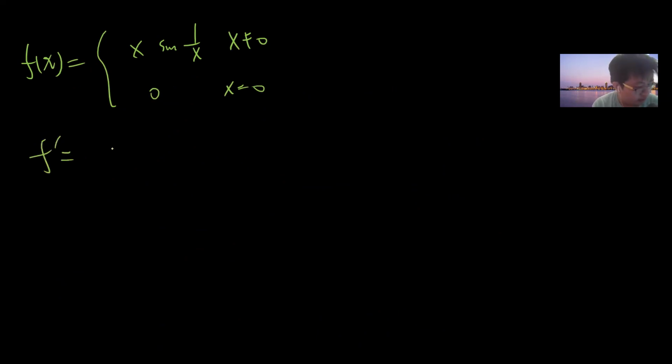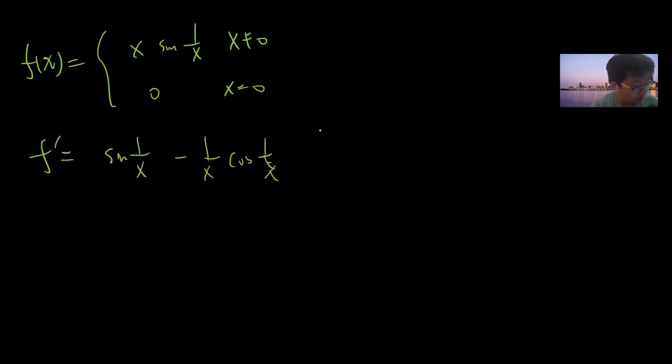Let's define f of x to be x sine 1 over x if x is non-zero, and 0 at 0, right? It is easy to see that f prime is sine of 1 over x minus 1 over x cosine 1 over x.